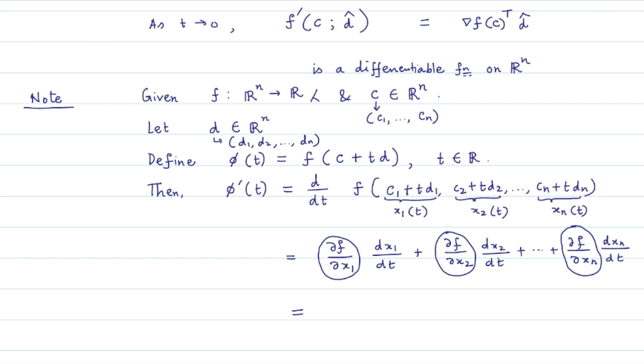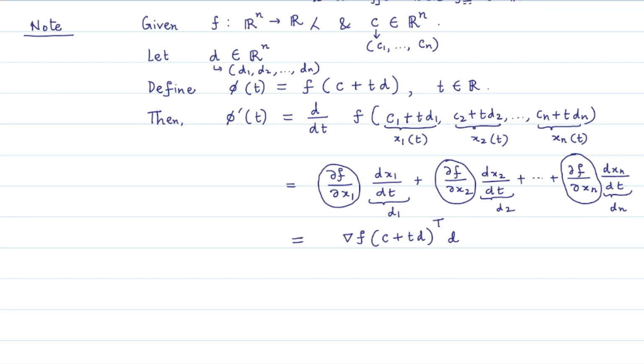Now this expression on the right is the dot product of the gradient of the function f at c plus td with the vector whose first component is dx1 dt, which is d1, second component is dx2 dt, which is d2, and nth component is dn, and therefore the dot product with the given vector d.